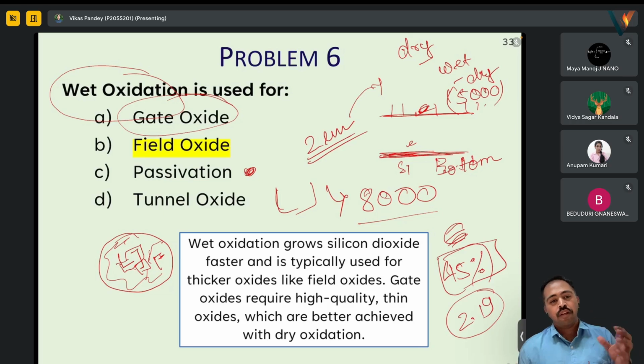So the tunnel will be blocked if you go for oxidation. If you have created some MEMS tunnel and these things, in that case, the dimensions will shrink. So we cannot directly go for oxidation in that case. Okay, sir.